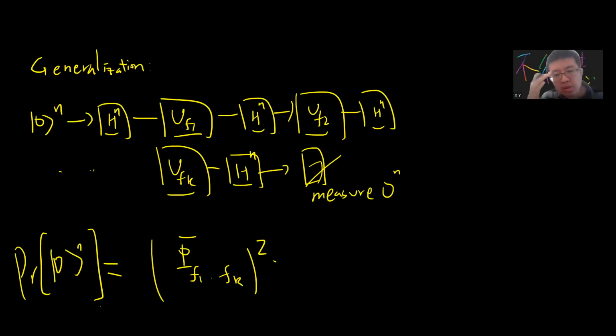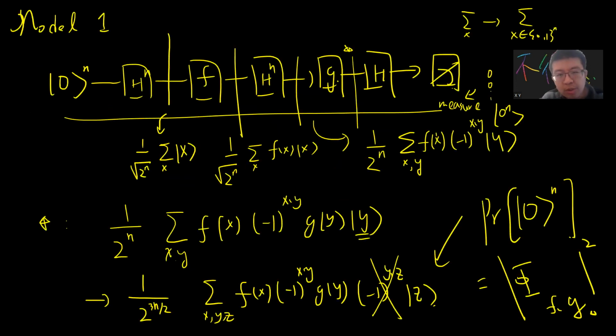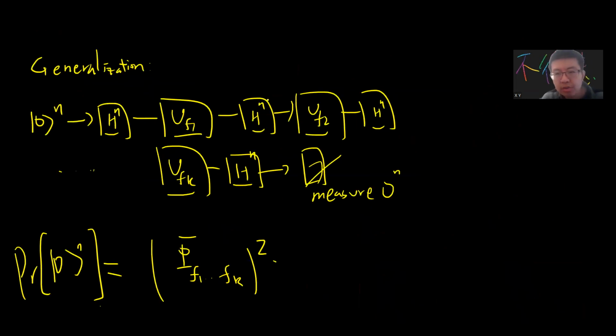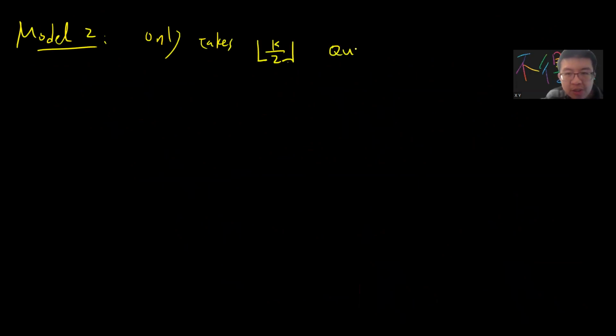Okay, so instead of this model 1, the problem for this model 1 is that actually you query twice, right? Because I have f and I have g, so I need to query twice, right? But there's a model 2, which only takes k divided by 2 queries.